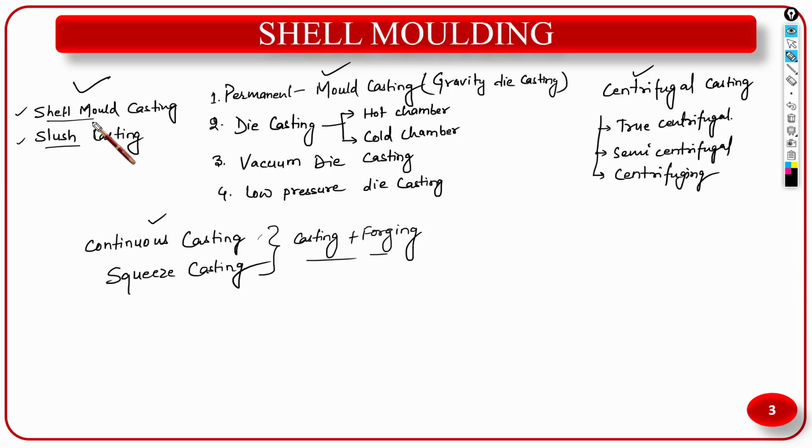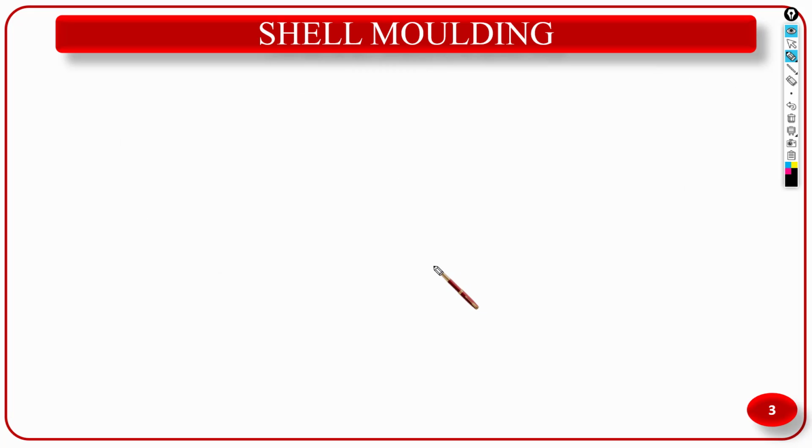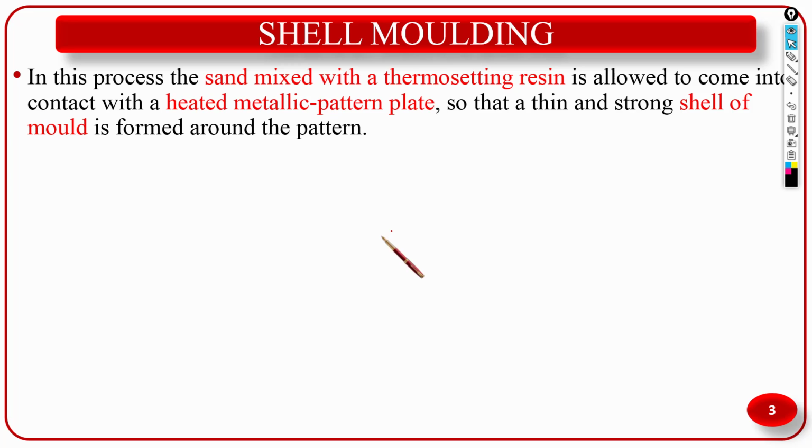So let us start with shell mold casting. What is done actually? Here a heated metallic pattern is used. We require a pattern, isn't it? Now after the pattern, we want molding material.